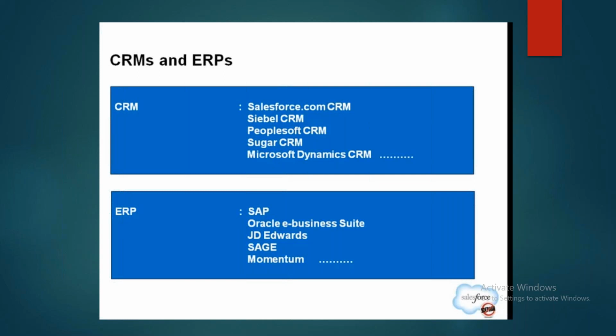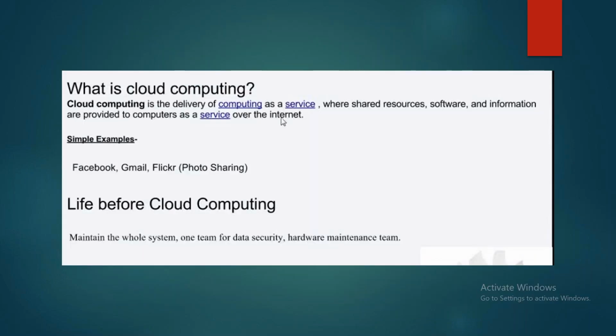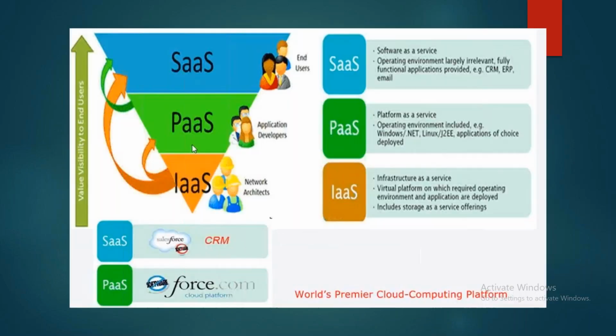It's only because it's in the cloud. That is the reason it's the number one CRM in the market, right? And what is cloud computing? That's what we have seen. And then what the different types of clouds are, or the different models of cloud computing you can say. That's what we have seen till now.